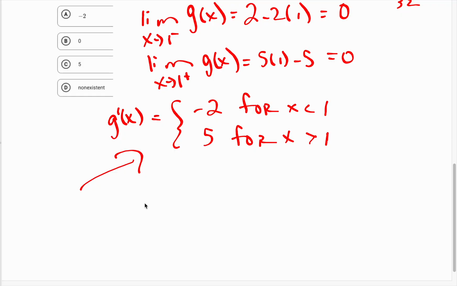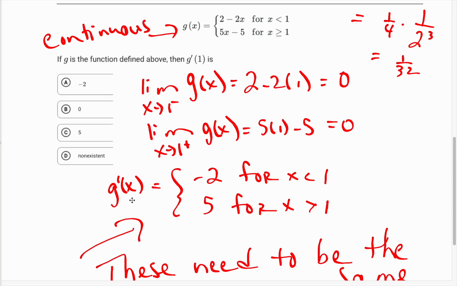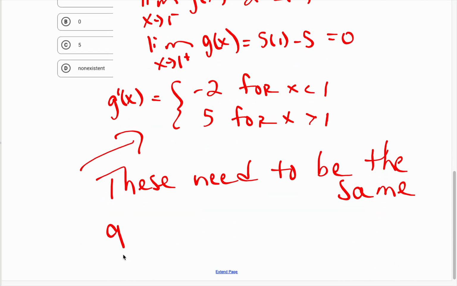And in order for a derivative to exist, these need to be the same. So therefore, in this problem, it's asking for g prime of 1. g prime of 1 does not exist.